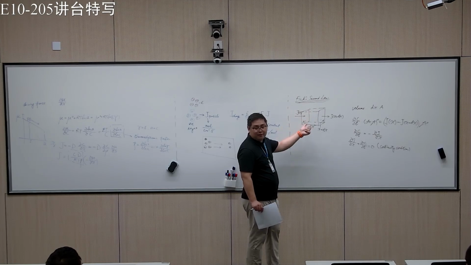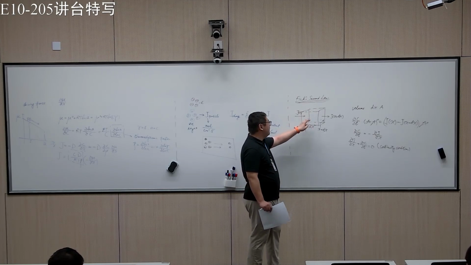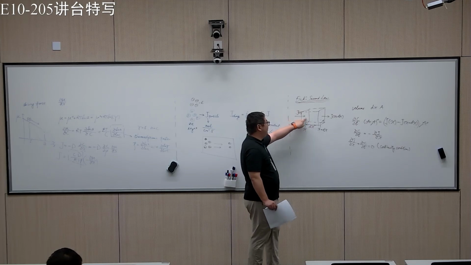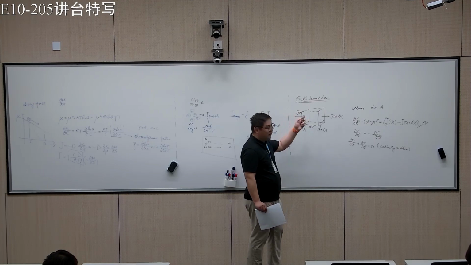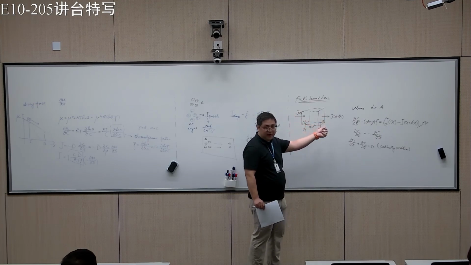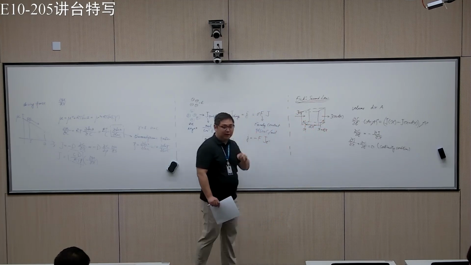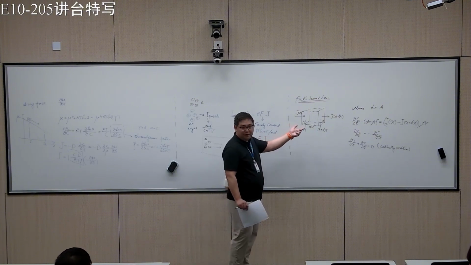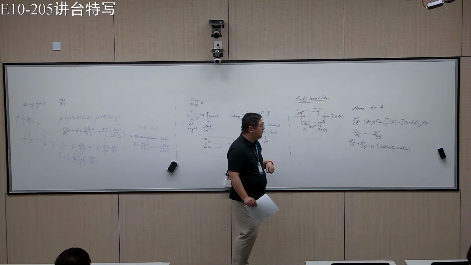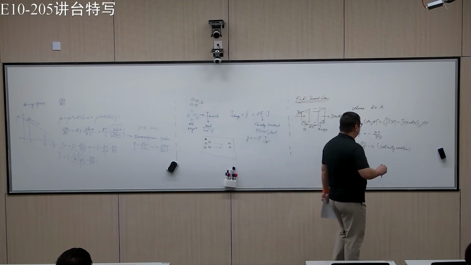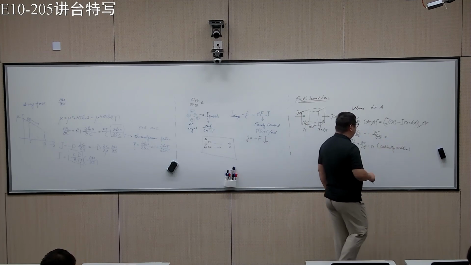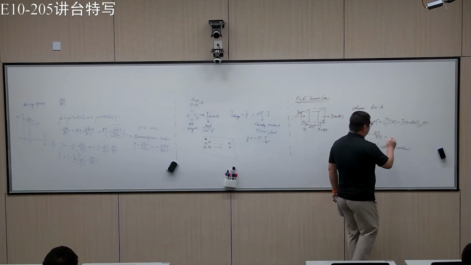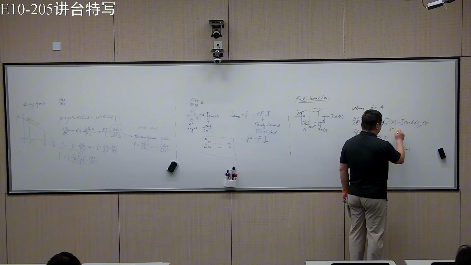So the change of concentration can only be caused by the difference in flux. If the flux going in is more than the flux going out, you have an increase of concentration. Otherwise, you have a decrease in concentration. Now, we know J is basically negative D partial C, partial x.